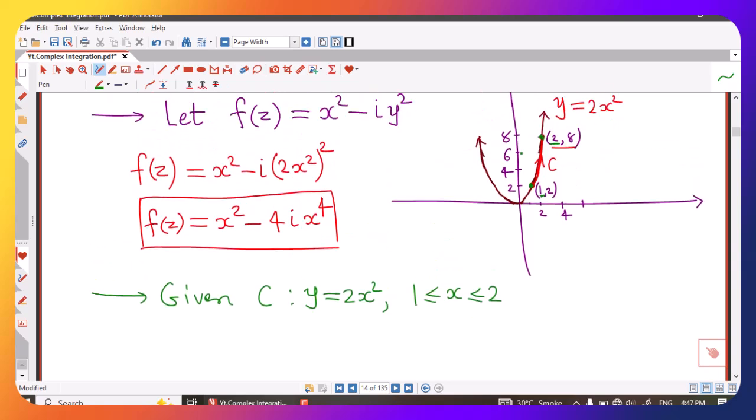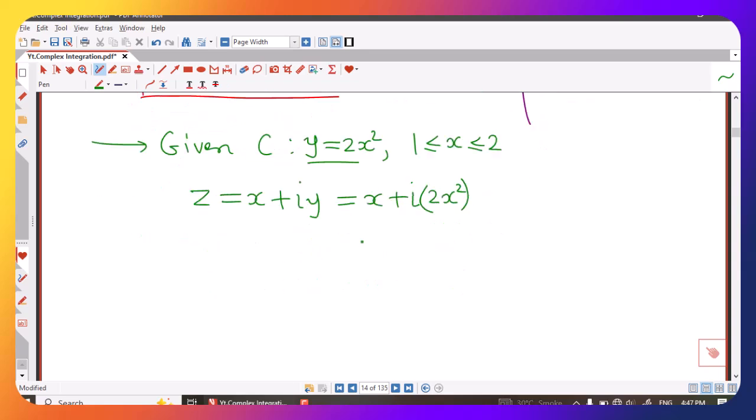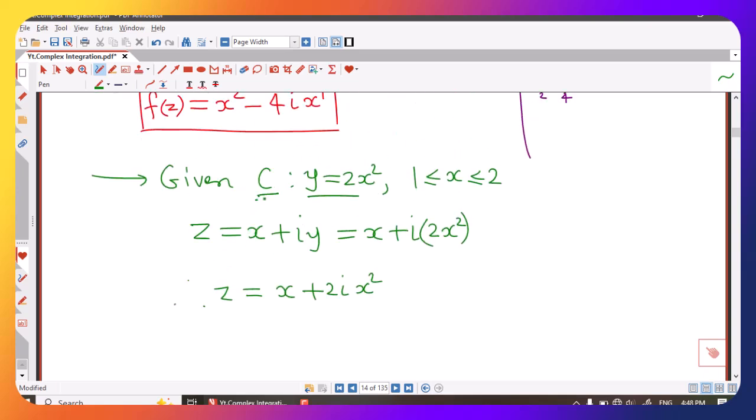Therefore if we take any point z on this curve, then z is x plus iy, and we can replace y by 2 times x square, using y equal to 2x square. Therefore we can rewrite z as x plus 2i x square. So we have written the equation of the given curve in the form of x only, and x is between 1 and 2.